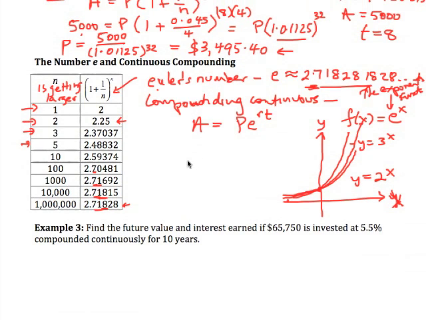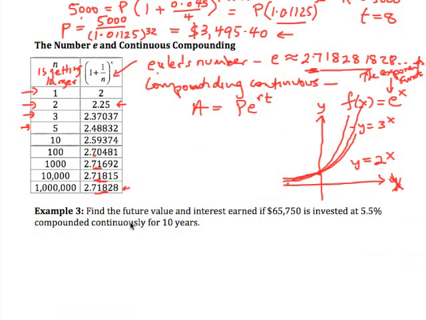Alright, so how do we do this? Let's suppose I want to find the future value, A, and the interest earned, if I again have $65,750 invested at 5.5%, but now it's compounded continuously for 10 years. So notice that P is 65,750, our rate again is 0.055, and t is going to be 10 years.